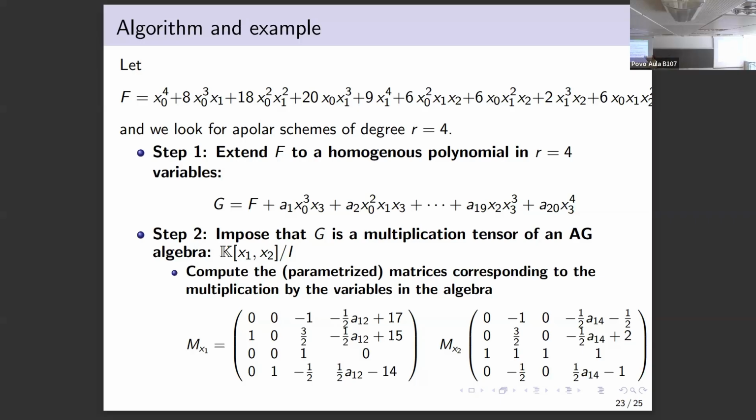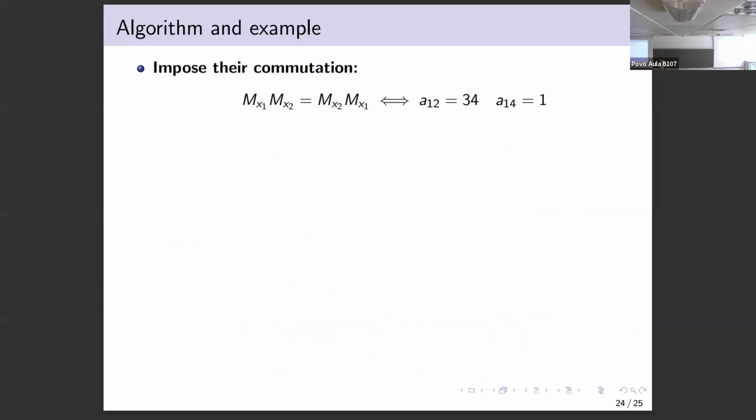And this matrix can be read from the tensor. So notice here that some of the entries of these matrices will be parameterized by the coefficients of the tensor. And now we kind of reduce this problem to border basis theory. And we impose the commutation of these matrices. Intuitively, these are commutative algebras, so these matrices should commute. Let's put it this way for now.